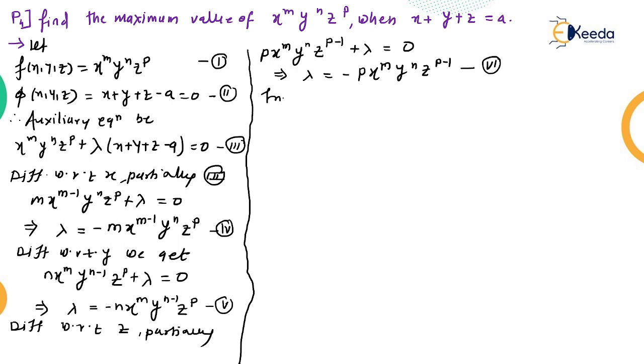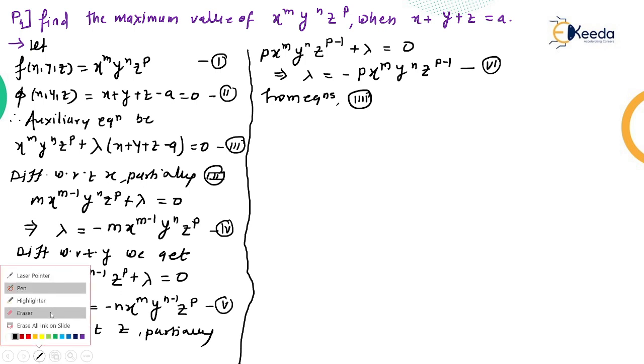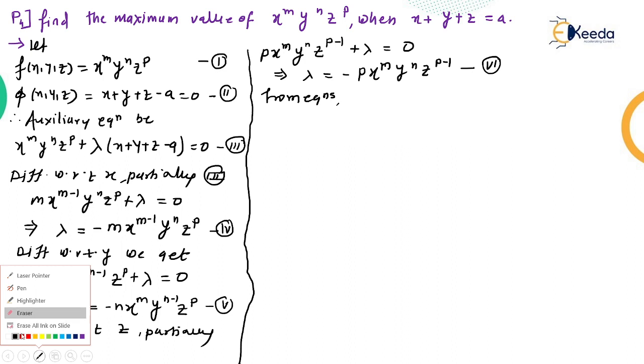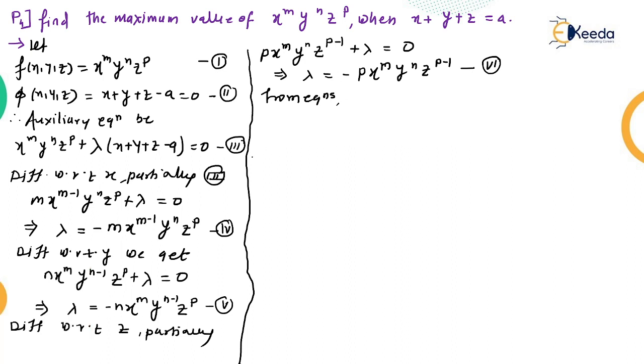From the auxiliary equations, mostly equations 4, 5 and 6, we get the values of lambda.